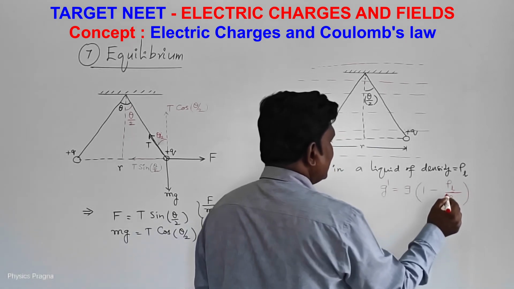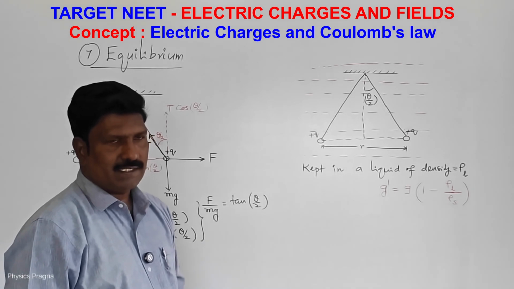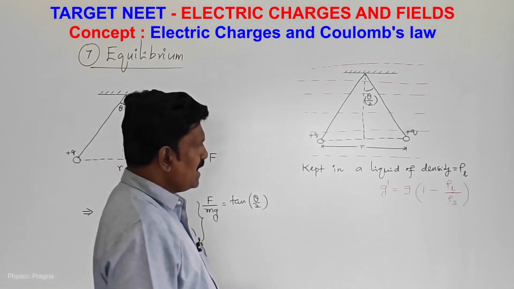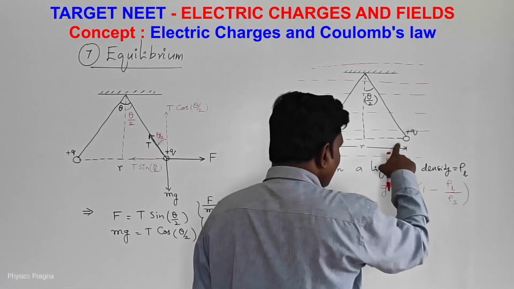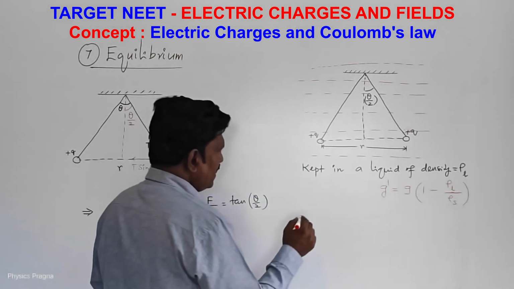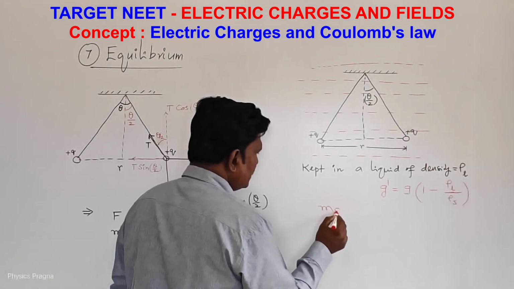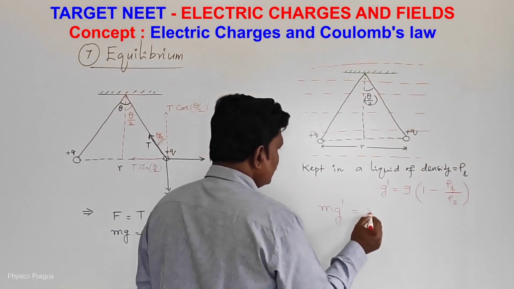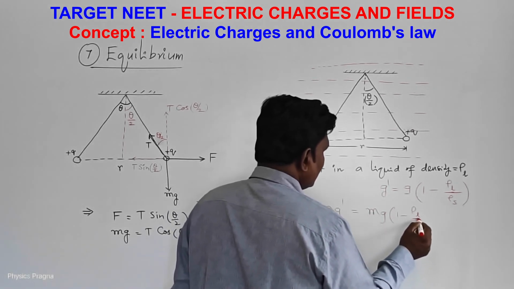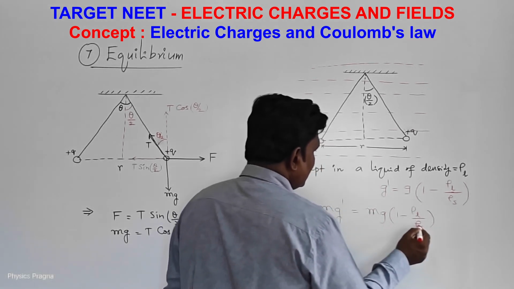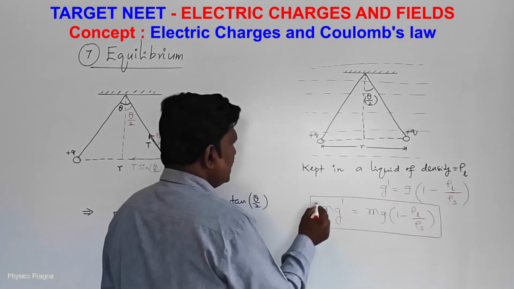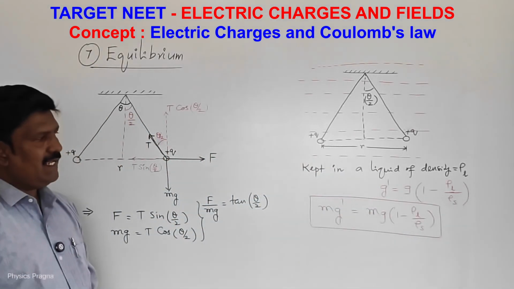So in class 11, we came across this equation, how the g value changes. As the g value changes, the weight also changes. As the weight changes, the new weight is equal to mg into 1 minus rho L by rho S. This is the only difference when this body is kept in a liquid.